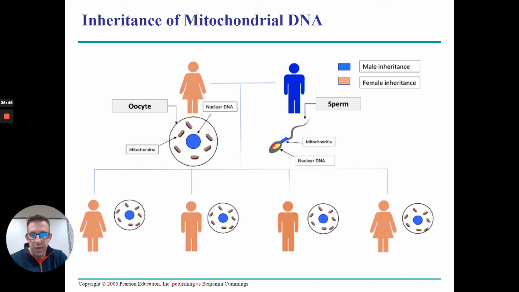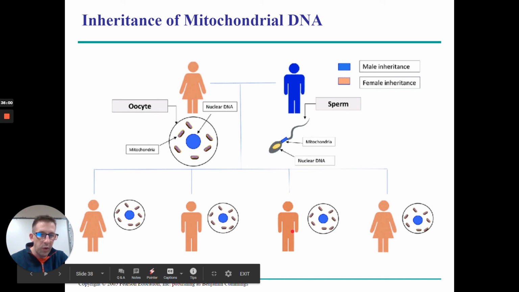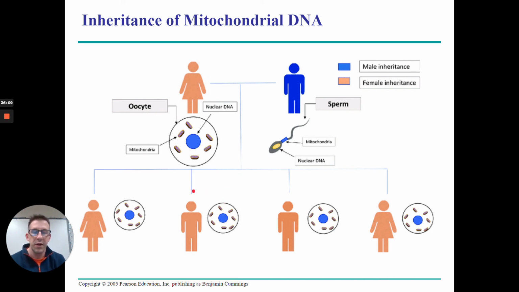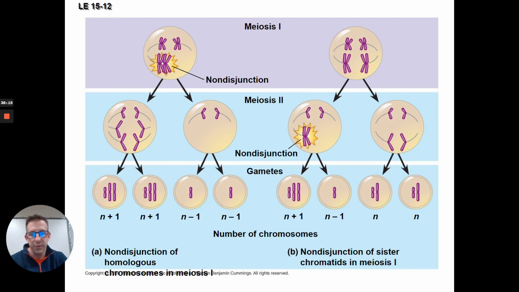It comes with no cytoplasm and no organelles, just a little thing to use energy and a little thing that packages up DNA. When it fertilizes the egg, mom supplies everything else. So every child, regardless of whether they're male or female, is going to have the mitochondria that originally came from mom. That is how the inheritance of mitochondrial DNA works and why we only get it from our mothers.